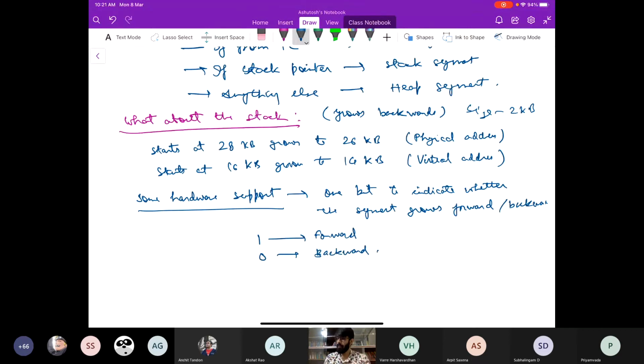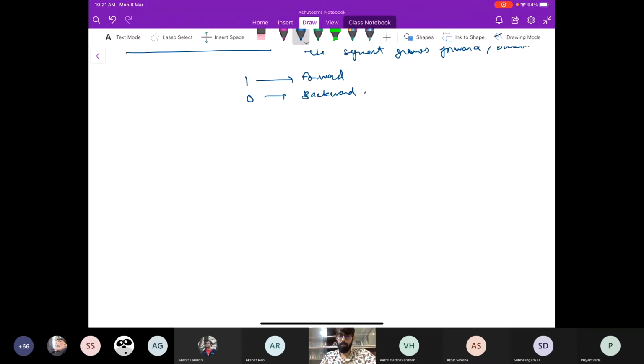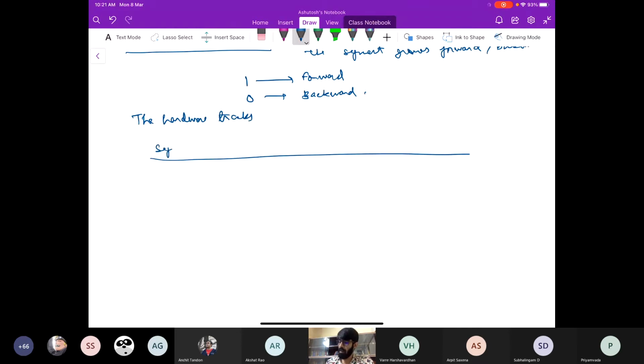Okay. So now what will the hardware keep? What will the hardware track? It tracks the following: the segment, the base of that segment, the size, the bounds register.